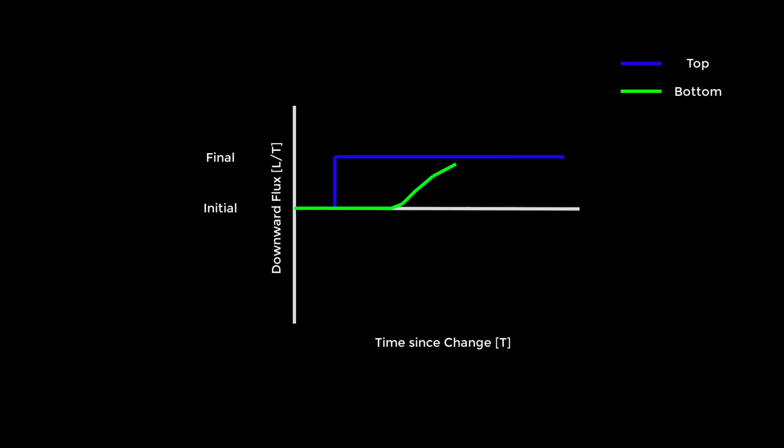The point at which the inflow and the outflow are equal is the time at which we reach steady state, and the area between those two curves has units of length and is the length of change of storage of water that has occurred through the transient period.